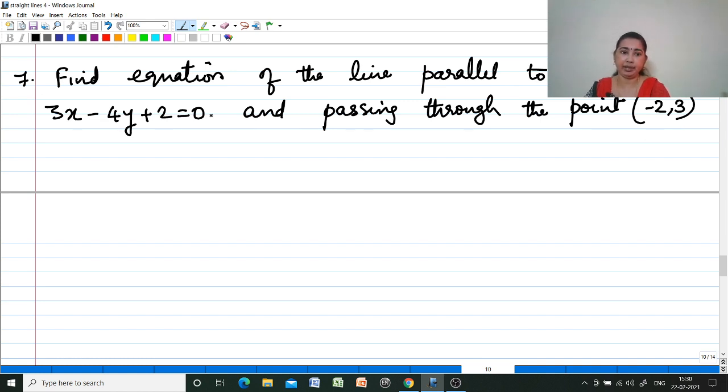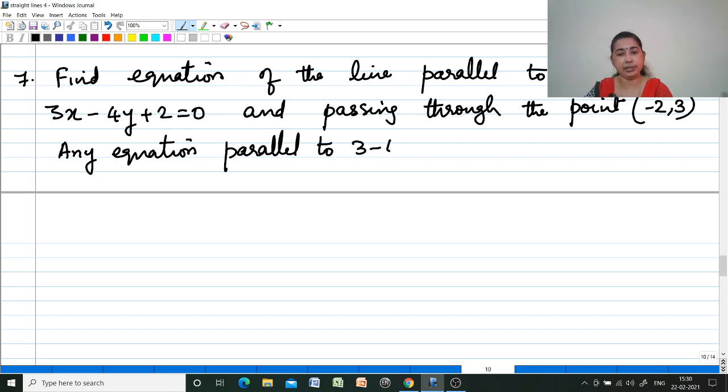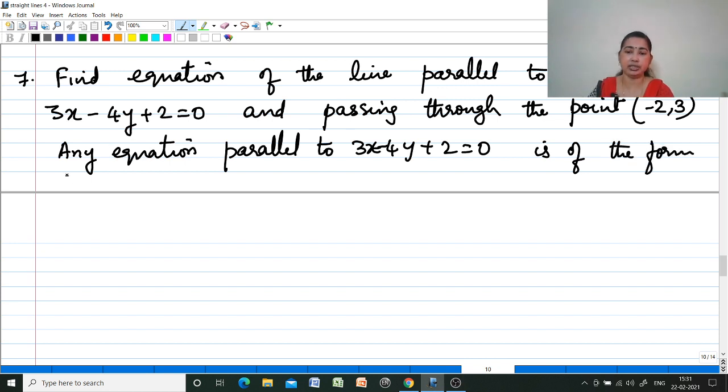Any equation parallel to 3x minus 4y plus 2 equal to 0 is of the form: parallel lines means the x coefficient and y coefficient will be the same, only the constant term differs. So any equation parallel to this line is of the form 3x minus 4y plus k equal to 0, and it is passing through the point (minus 2, 3).